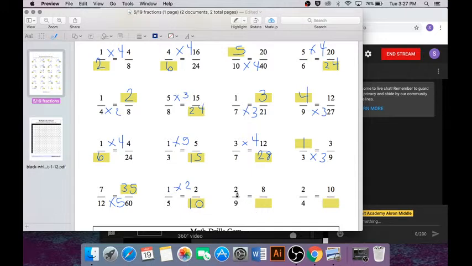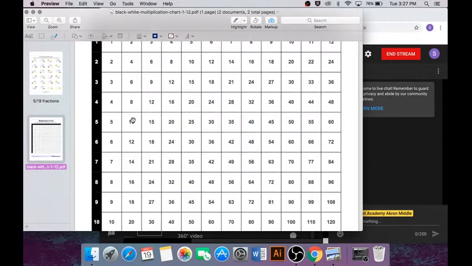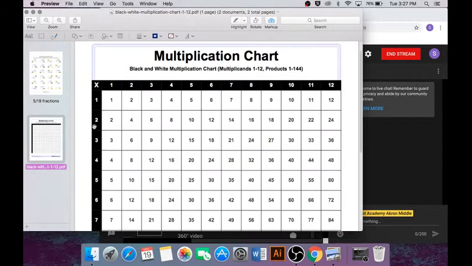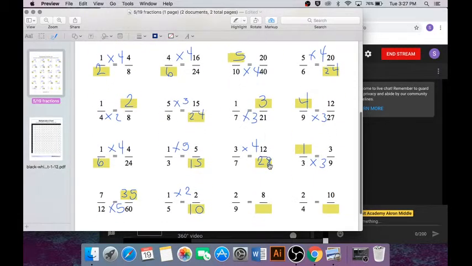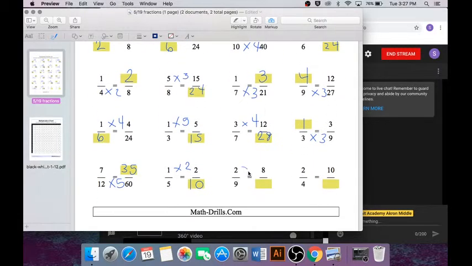This one, we're going to start with 2, and we need to see 2 times what is 8. So on our multiplication chart, we go to our 2 times table, we find 8. We see 2 times 4 is 8. Okay, so we multiplied our top times 4 to get 8.